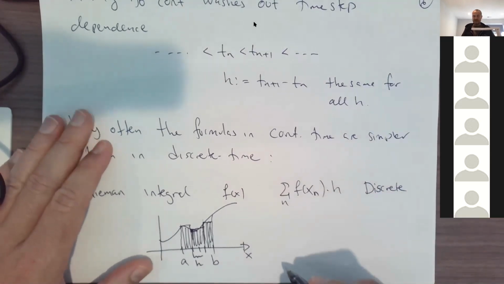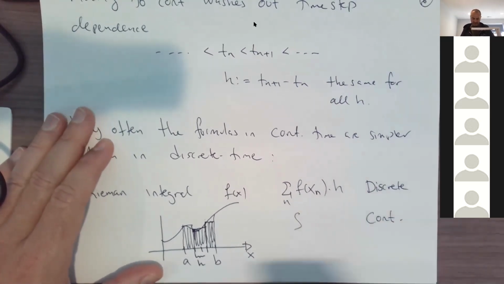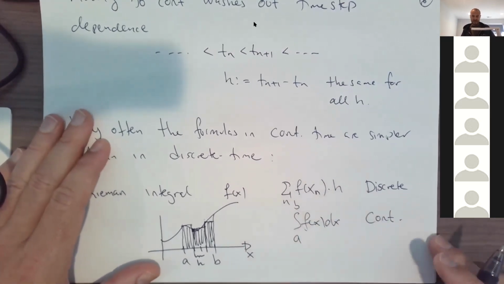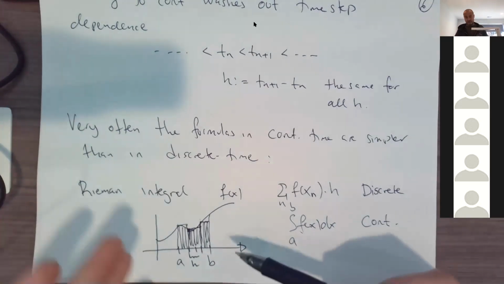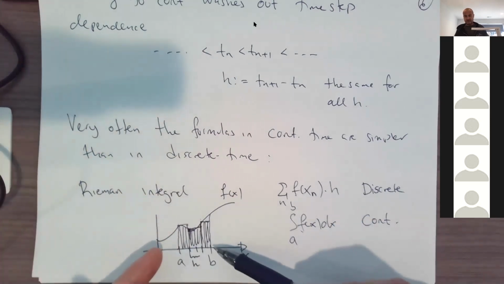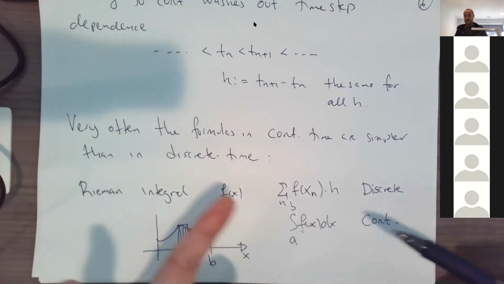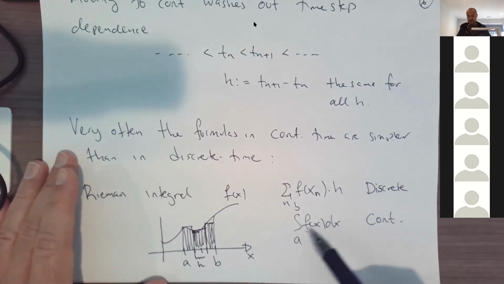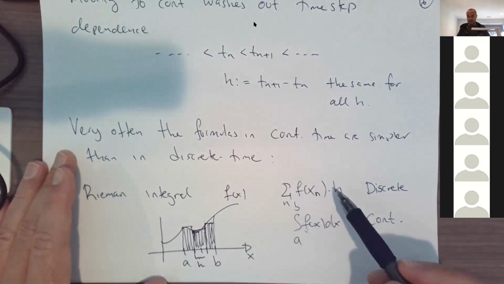And if I'm looking at the continuous formula, I'll be integrating from a to b of f of x dx. So in this case, the discrete Riemann integral is a bunch of rectangles. Then I'll take a limit and I'll get the Riemann integral. And this can simplify tremendously compared to that sum we have up here.